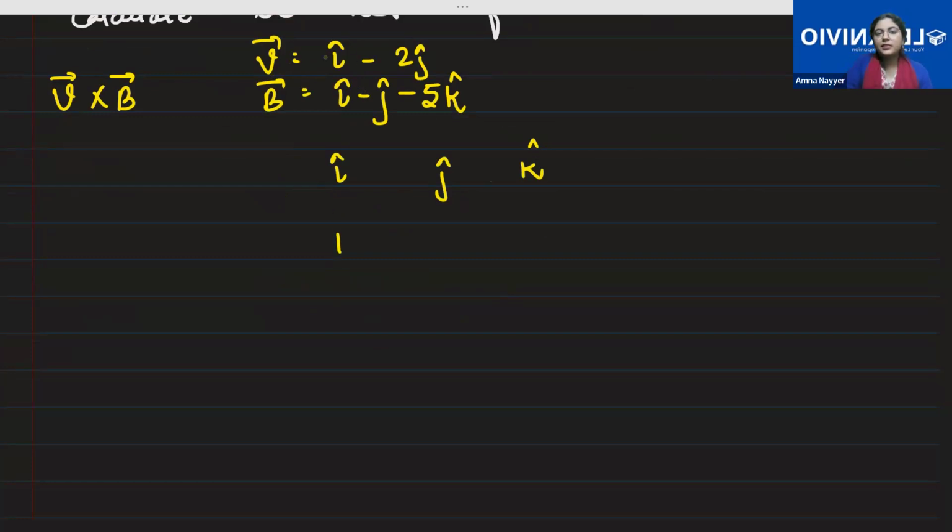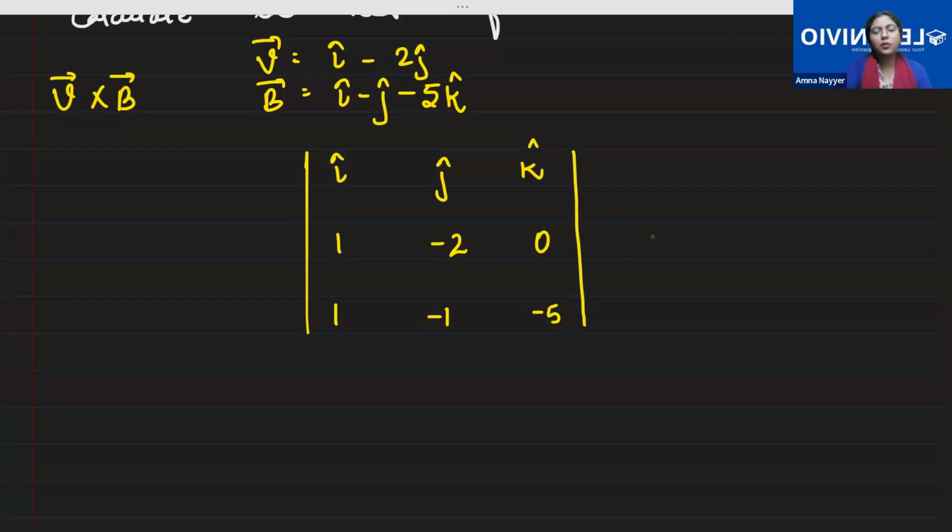For velocity, i cap's coefficient is 1, j cap's is minus 2, and there is no k cap, so it is 0. For the magnetic field, the coefficients are 1, minus 1 and minus 5. This is the determinant system that is required.